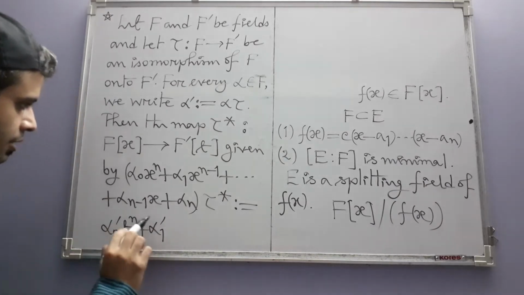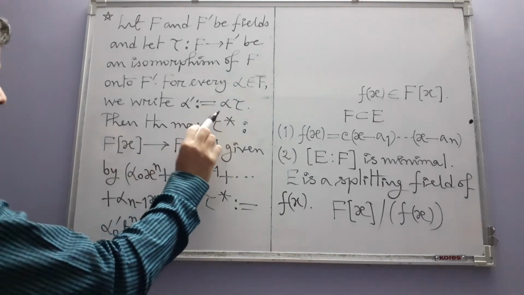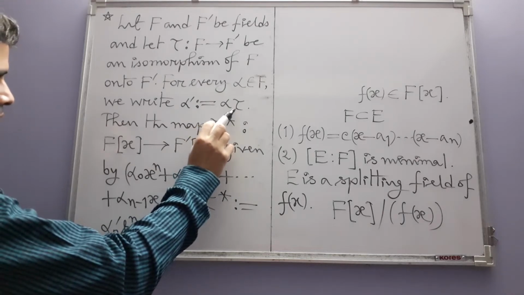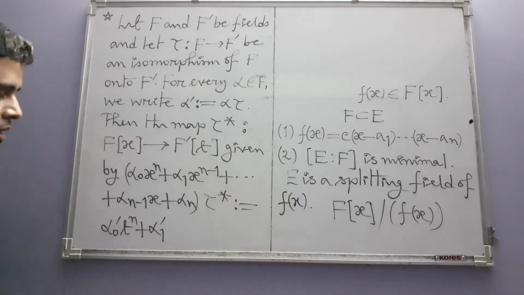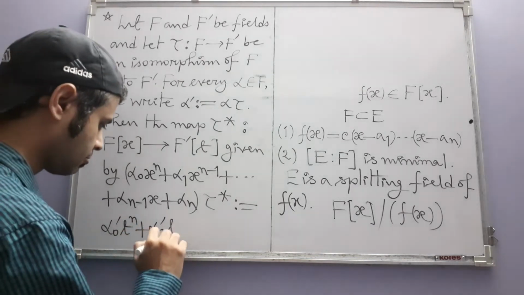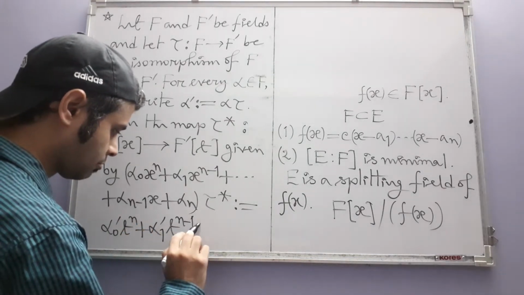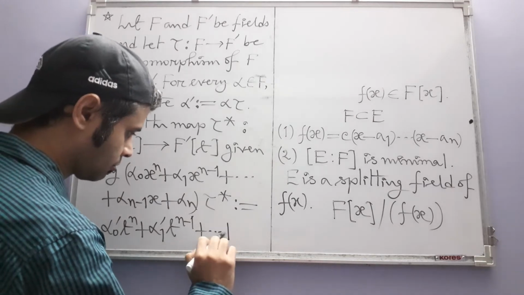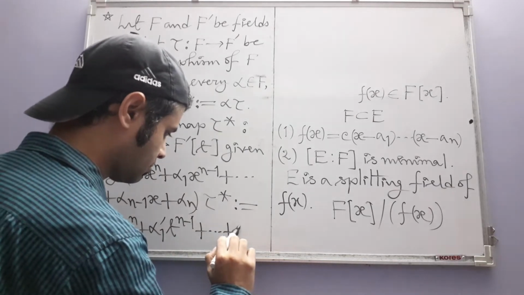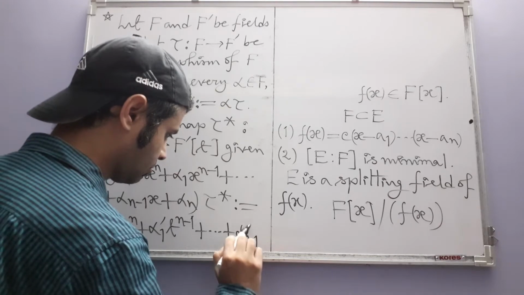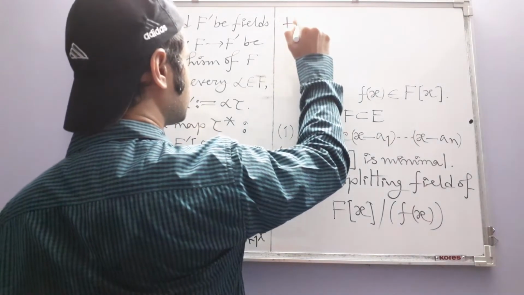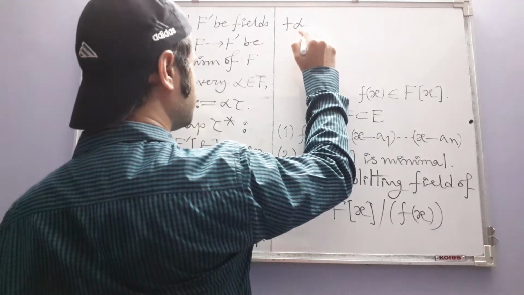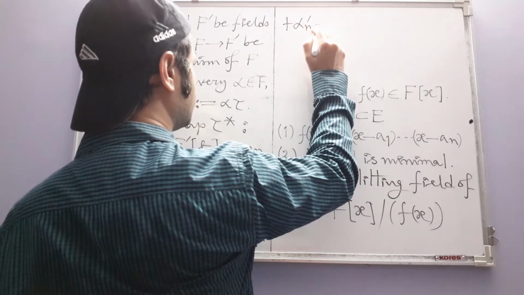Notice the primes here, that means we are applying the original function tau on these coefficients, these field elements: alpha_0 prime t^n + ... + alpha_n prime.